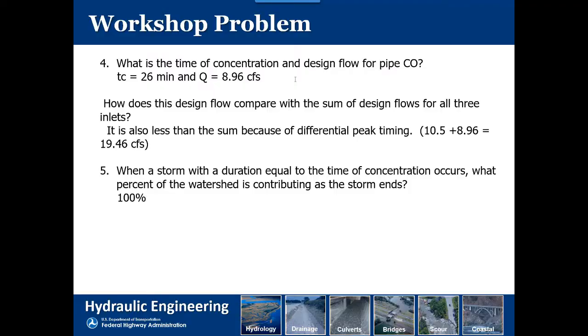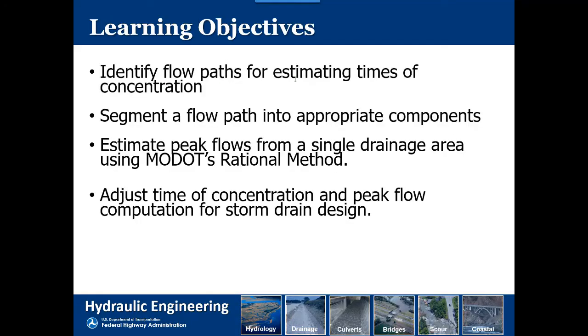So let's go over those learning objectives again. We identified flow paths for estimating times of concentration. We segmented a flow path into appropriate components, and what were those? For the national rational method, there were 3 components.